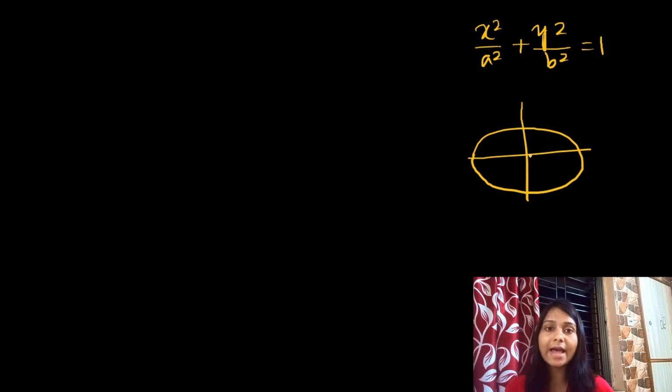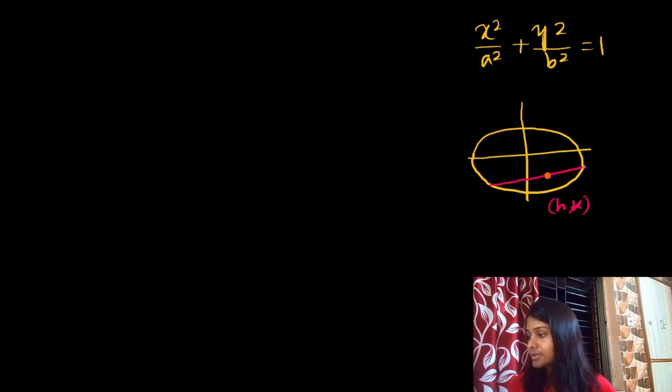This ellipse has center at (0, 0) and its major axis has length 2a and minor axis has length 2b. Here suppose there is a chord and this chord has the midpoint (h, k). So what will be the equation of this chord?